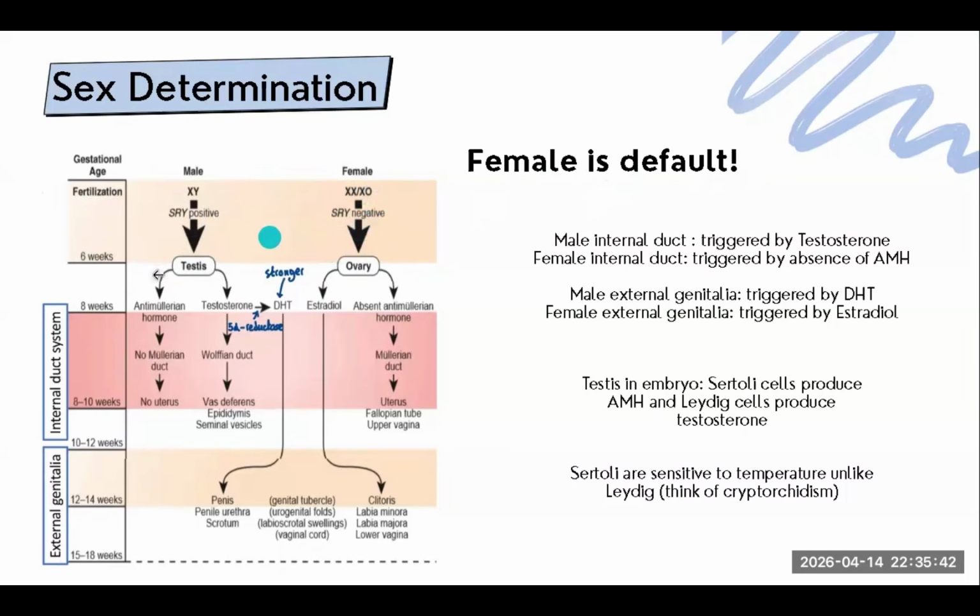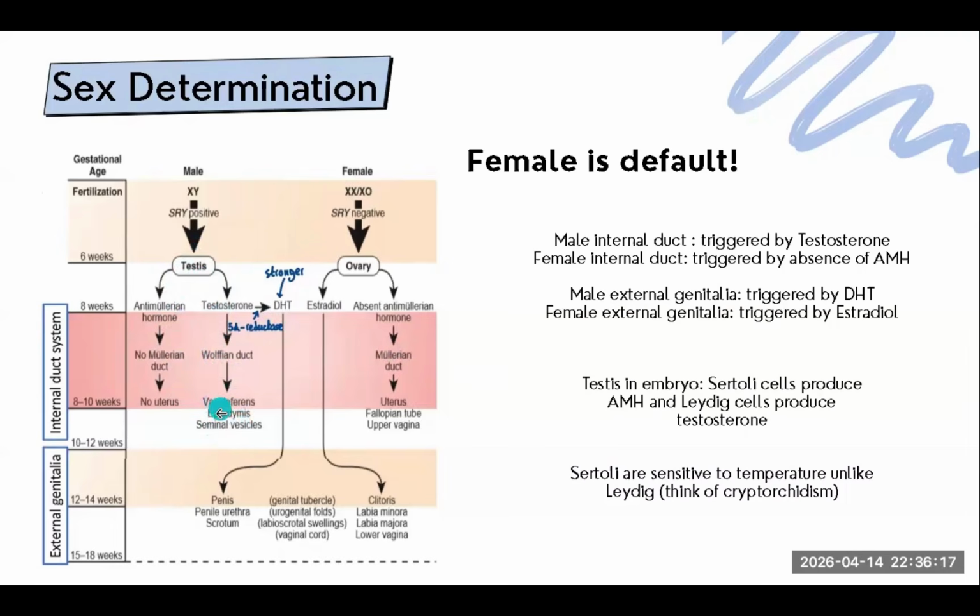After that, the testis would produce anti-Mullerian hormone, specifically the Sertoli cells would produce anti-Mullerian hormone, and this anti-Mullerian hormone will prevent the proliferation of the Mullerian duct, and therefore we would not have the female internal duct system. Okay? On the other hand, the Leydig cells would produce testosterone, and this testosterone would lead to the proliferation of the Wolffian duct, which would lead to the formation of the male internal duct system.